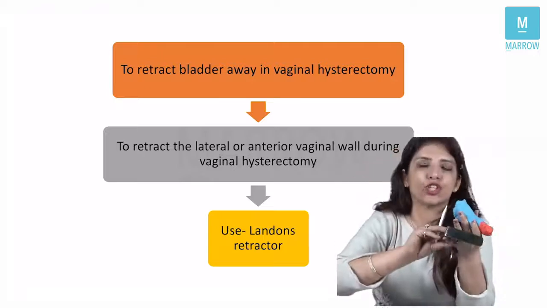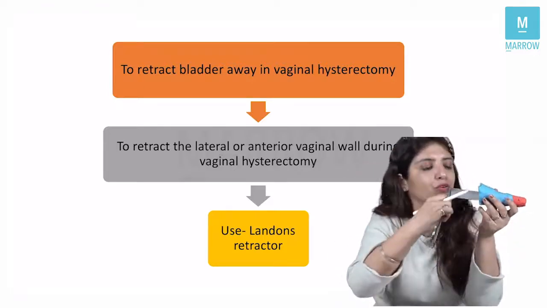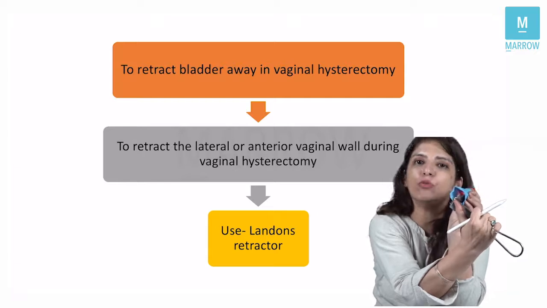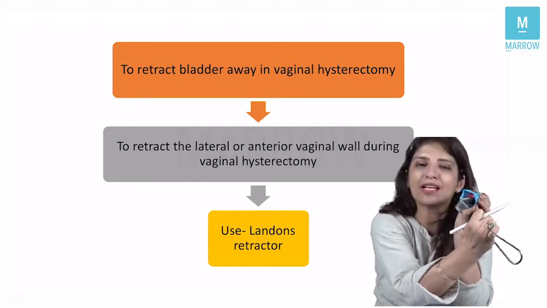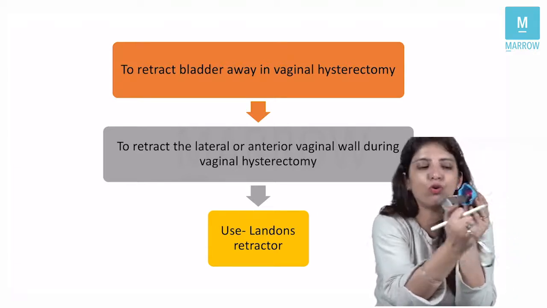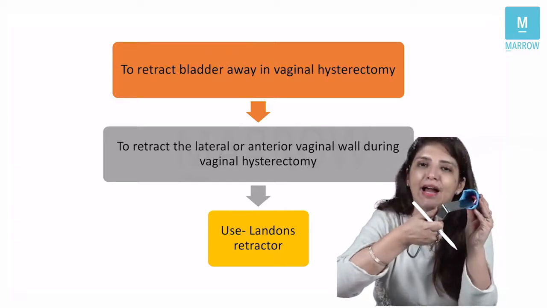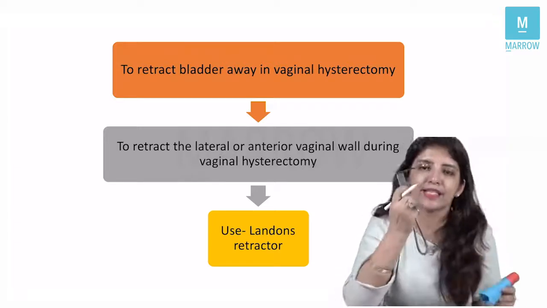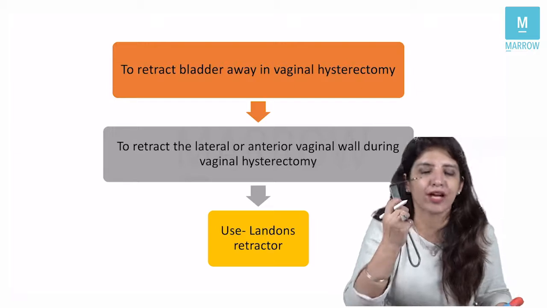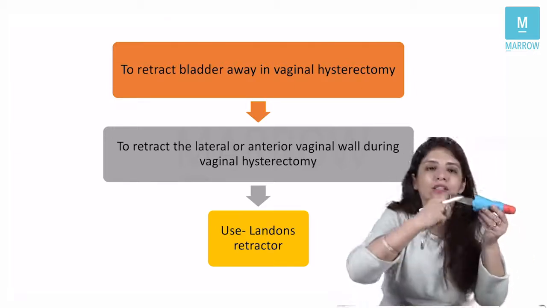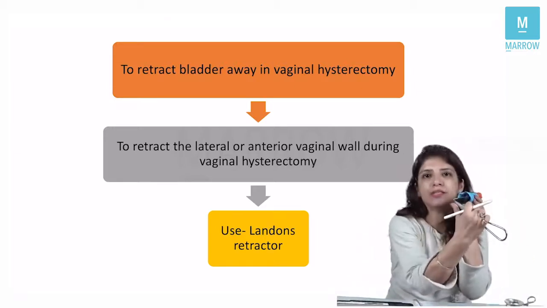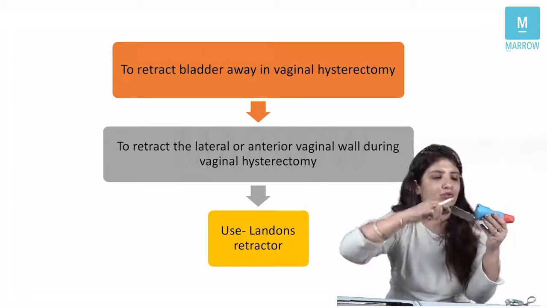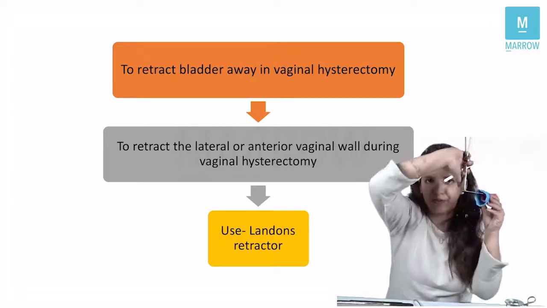Also, if during vaginal hysterectomy, I want to retract the lateral vaginal walls, right? So, to retract the lateral vaginal walls also, I am going to use the Landon's retractor, right? L-shaped retractor, Landon's retractor used in vaginal surgeries to retract the vaginal walls and to retract the bladder, right?